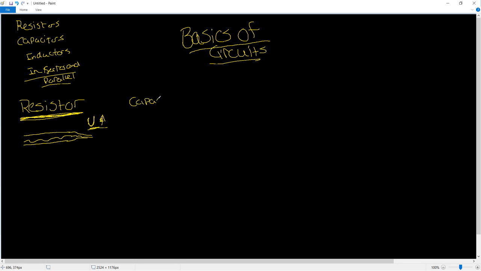Capacitors are unique. There's an electromotive force between two plates, and then it holds a charge between the two plates. So that's kind of cool.